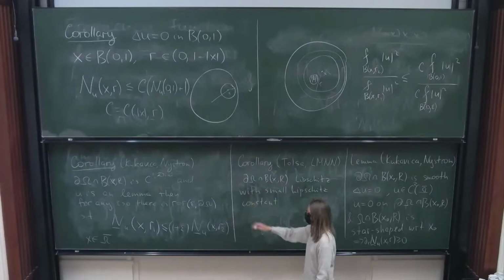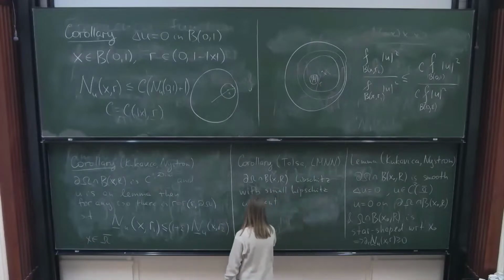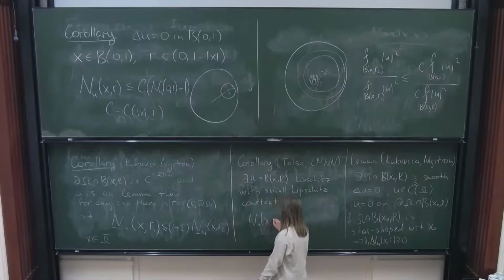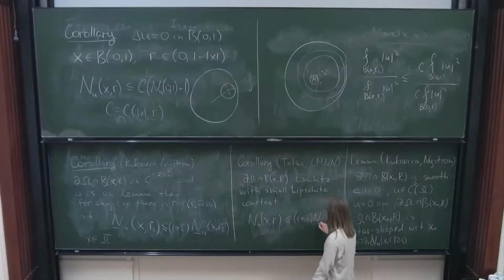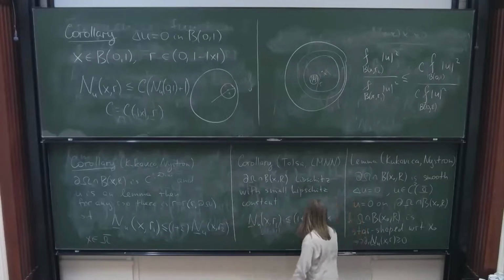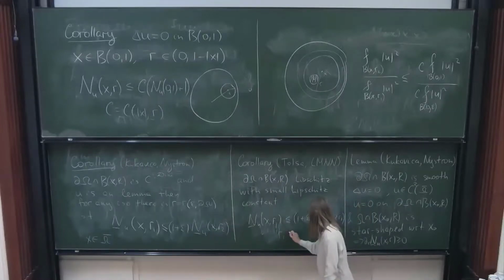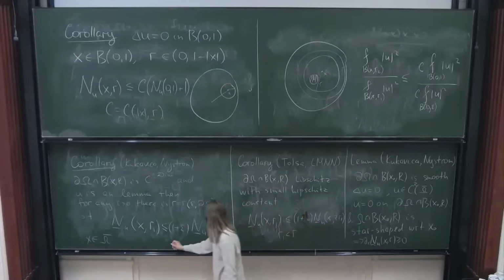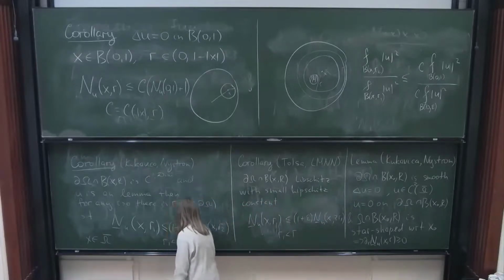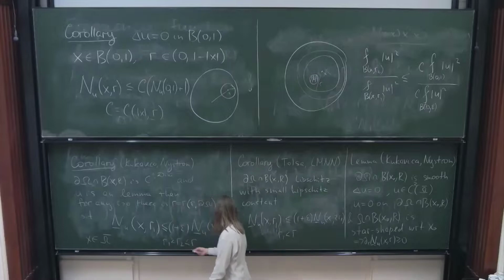We have the same assumptions, but the inequality that we get looks like that. Here the values are 1 and 2, and the radius is arbitrary, less than this R.